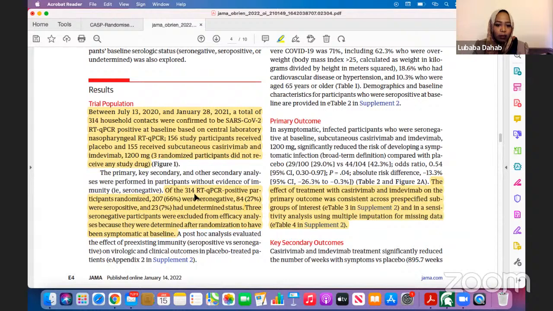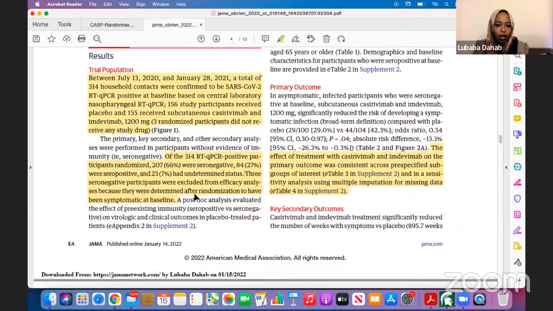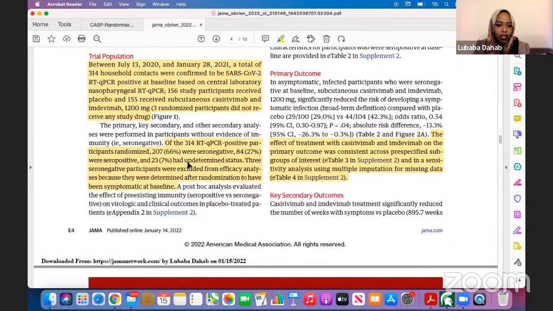They mentioned here the percentage of those who developed symptoms in the treatment group and the placebo group, and they found that 27 were seropositive and 23 had undetermined status.